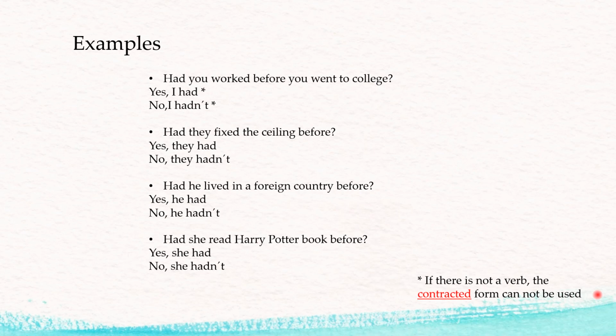It's incorrect. You have to answer, yes, they had. Or, yes, he'd. That's incorrect. We have to answer, yes, he had. Or, yes, she'd. That's incorrect. You have to answer, yes, she had.